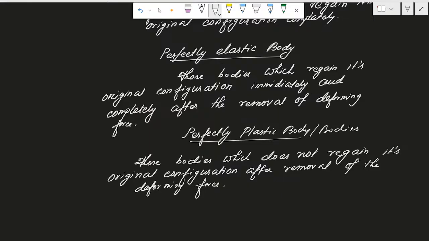Quartz is somewhat elastic. Phosphor bronze and quartz are somewhat perfectly elastic, I can say. Phosphor bronze is an alloy, and another is quartz.